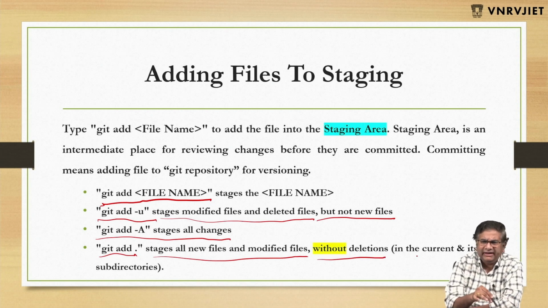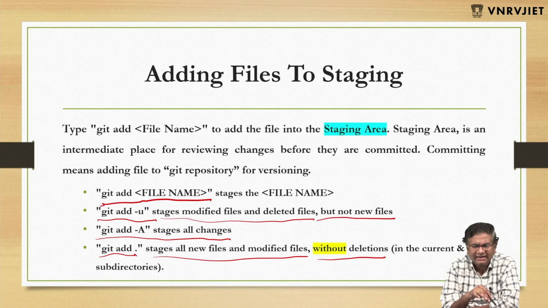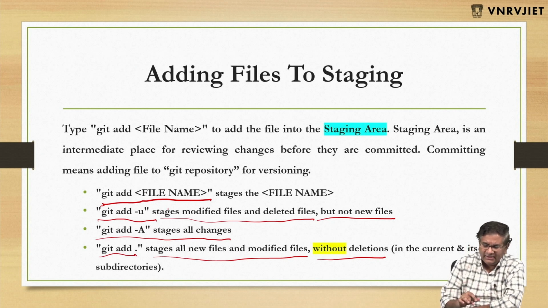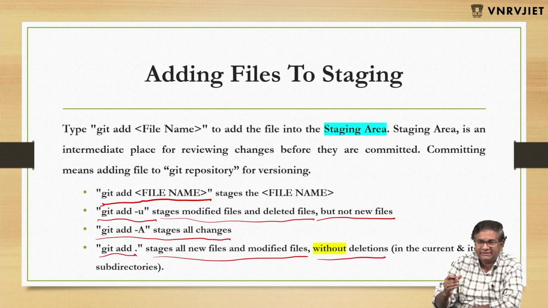So there are several variants. If you type git manual, I'll talk about that later when we discuss commands, how to see the manual. There are several options you can give as part of git add. These are some fundamental operations which we use very frequently. So these are the commands to put files into the staging area.